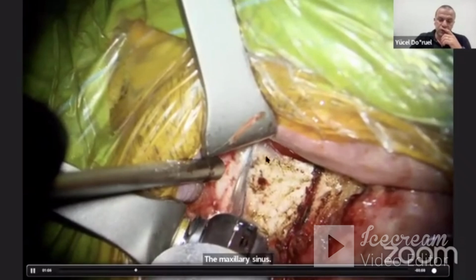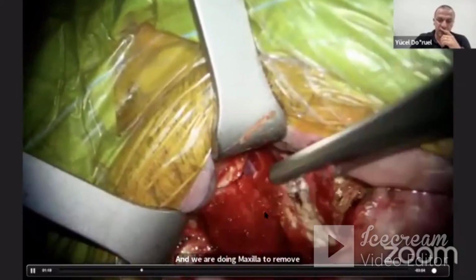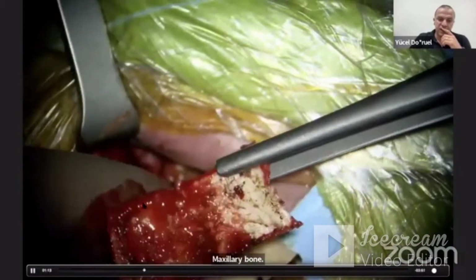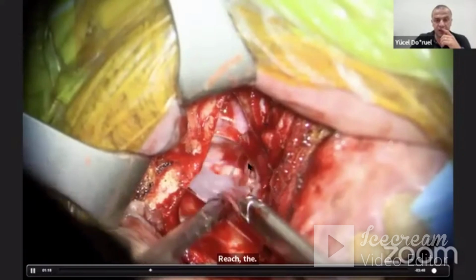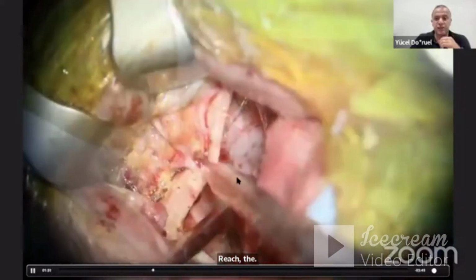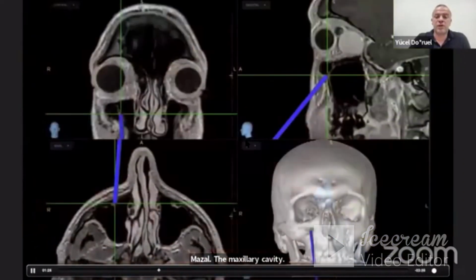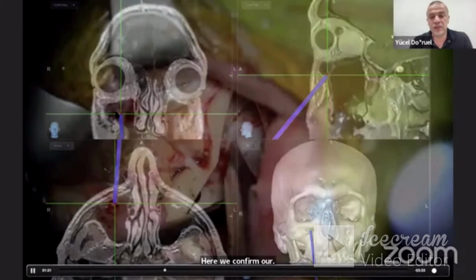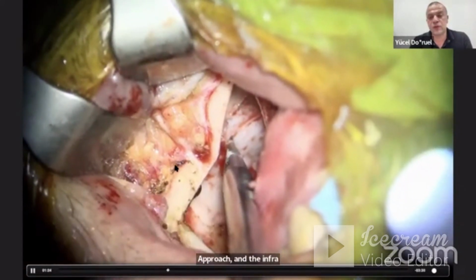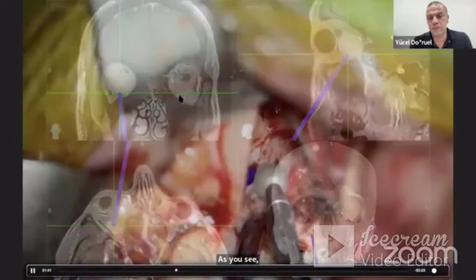We are doing a maxillotomy to remove the anterior wall of the maxillary bone, and then we reach the maxillary sinus cavity. After removing the mucosa, we confirm our approach and the infraorbital neurovascular complex by neuronavigation, and, as you see, we easily reach the orbital floor and the lesion.